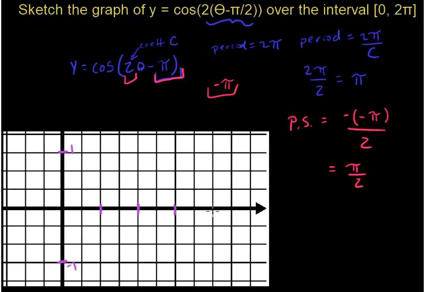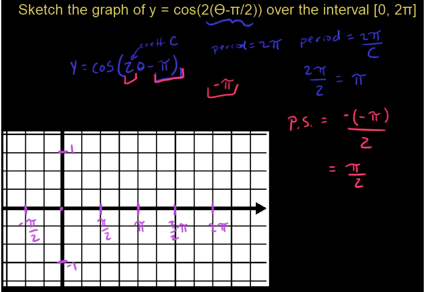This would be pi over 2, pi, 3/2 pi and 2 pi, and let's just throw on -pi over 2 here, and here's our origin.